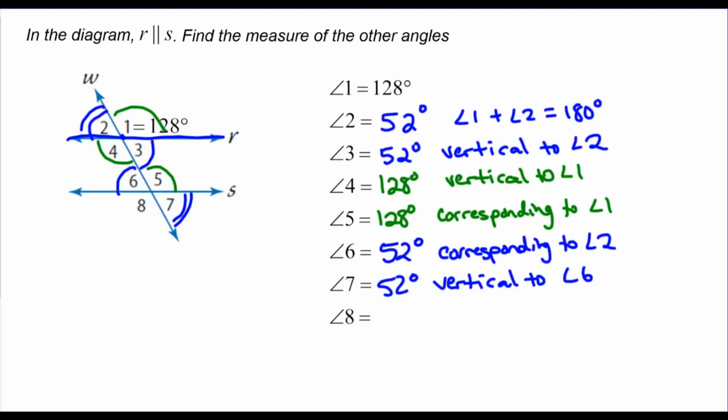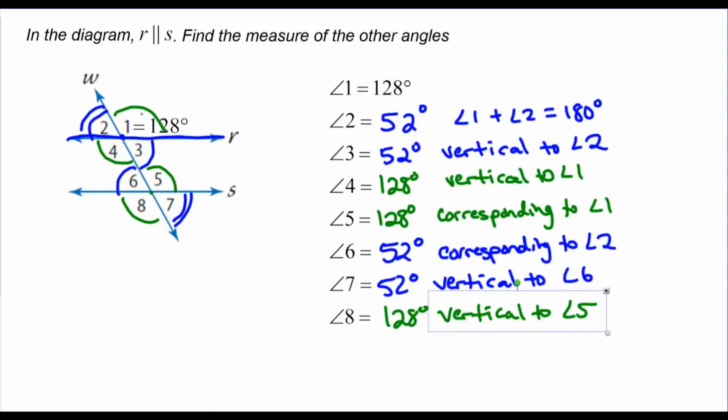And then finally, angle 8, that's going to be 128 degrees. The easiest way to tell that is it's vertical to angle 5. Vertical angles are pretty easy to identify. It's also supplementary with angle 7. It's supplementary with angle 6. It's corresponding to angle 4.